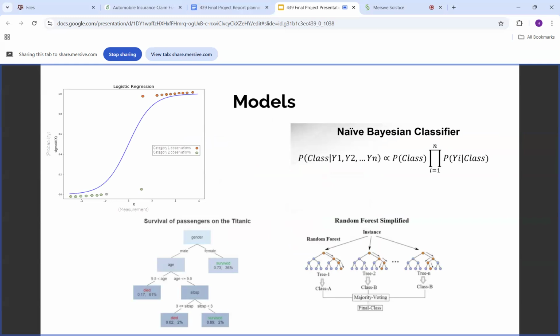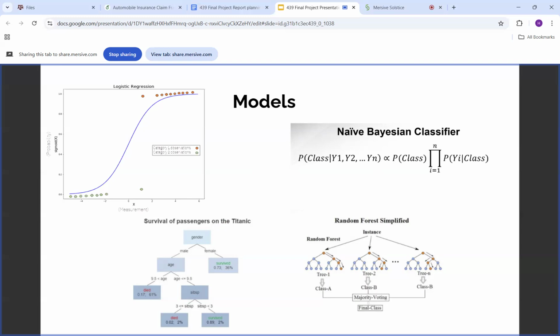The first one is logistic regression, and we chose this one because of that second paper. That second paper really emphasized this model being good at drawing a good sigmoid decision boundary between the features for insurance claim fraud. The second one is the naive Bayes classifier, which uses prior probabilities of each feature, which are assumed to be independent, to calculate the posterior probabilities.